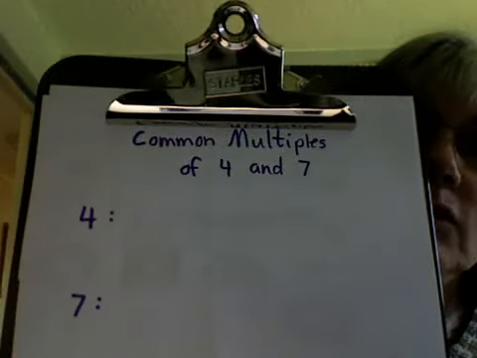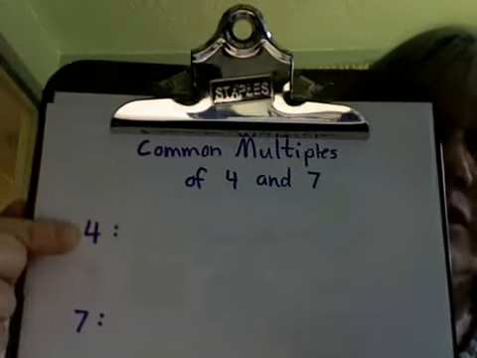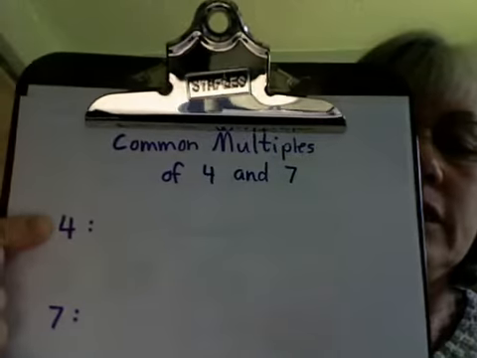We know that multiples mean counting by, so finding the multiples of 4 is going to require us to start out with multiplying 4, first by the number 1, which is 4, then by 2, which is 8, and I'll make a list of multiples with a comma in between.